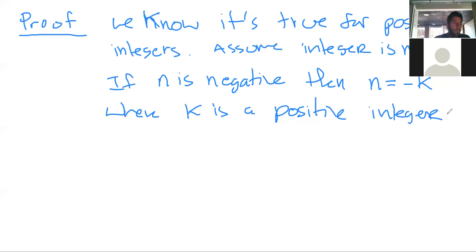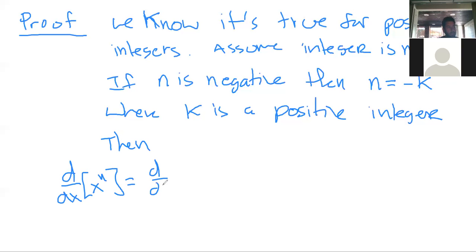Okay, so what if I say that, what can I then deduce? Well, what's the derivative of x to the power n? Well, we can rewrite this using k, and this is the same thing as the derivative of 1 over x to the k.